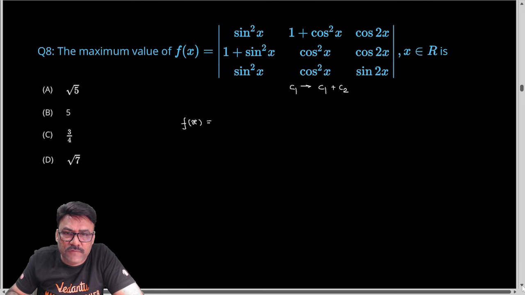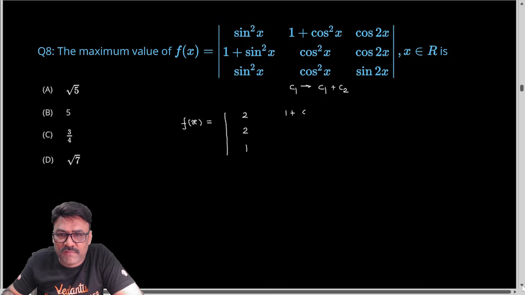So the element of the first column becomes 2 here, 2 here, 1 here. And let's keep the remaining elements as it is. 1 plus cos square x, cos square x, cos square x. Then cos 2x, cos 2x, sin 2x.